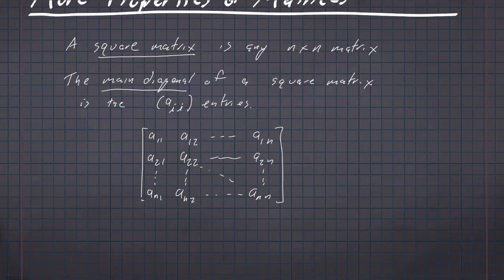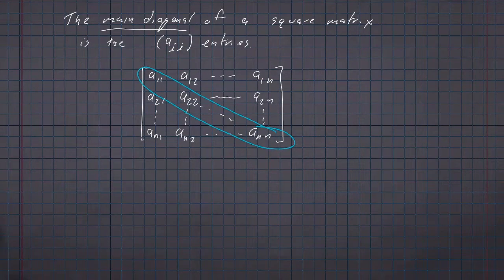that doesn't really show well enough. Let's try this instead. The main diagonal of the square matrix are the entries along this line. And so with those two ideas alone, a natural extension is the idea of a diagonal matrix.